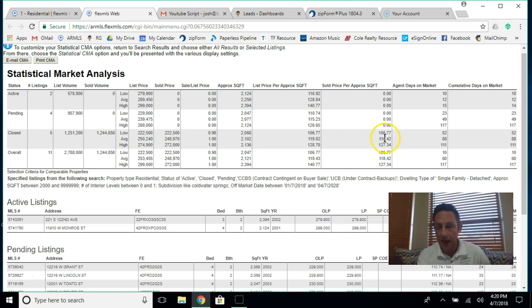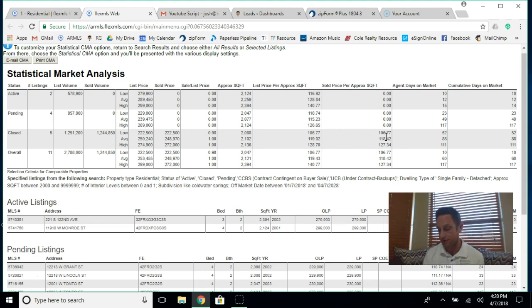This is the average price people have paid. If you take all 5 sales, this is the average price the people paid for their home. So let's take that price and multiply that by our square feet for the house we are looking at.